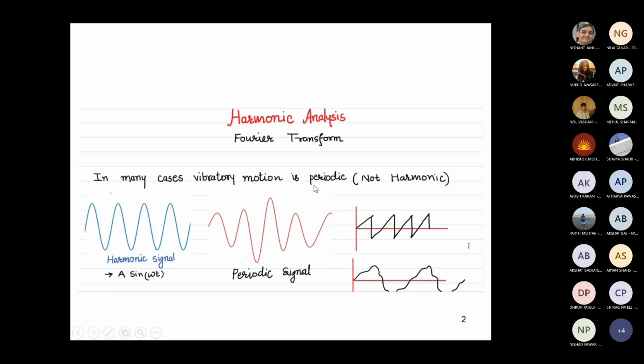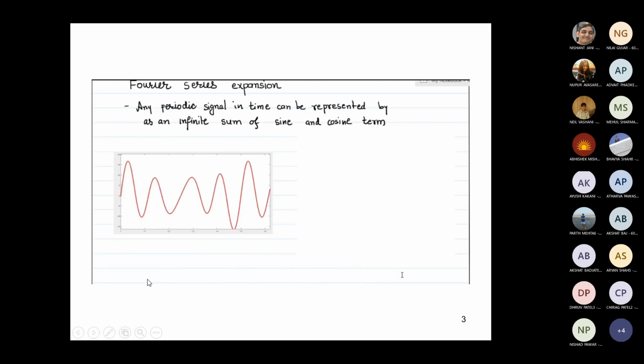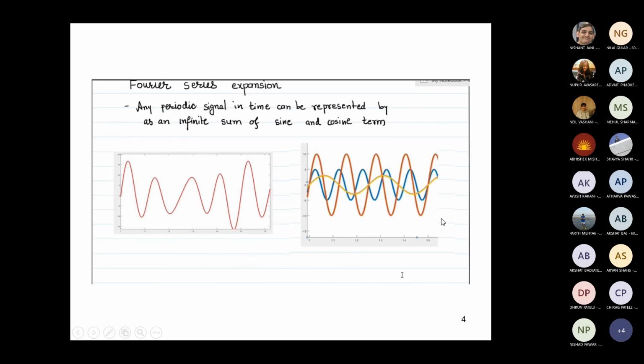Now, what does the fast Fourier transformation do? If you take this periodic signal, it breaks down into an infinite sum of sine and cosine terms. Now, this signal has been created artificially by superimposing these three individual signals.